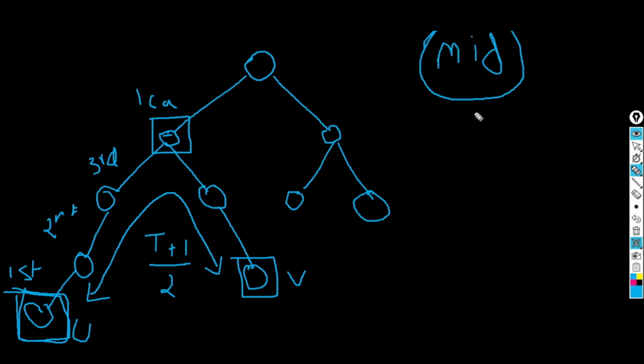I need to validate this case, and I can just check the distance between u and mid and see if that distance is going to be total plus 1 by 2, right? And if it is total plus 1 by 2, then good enough.